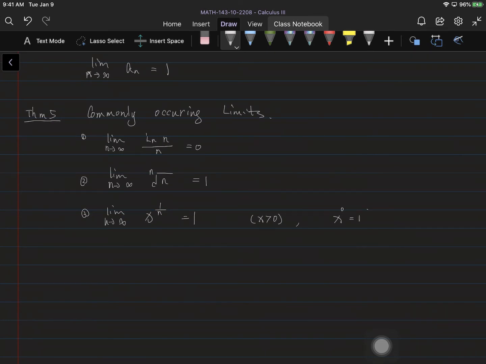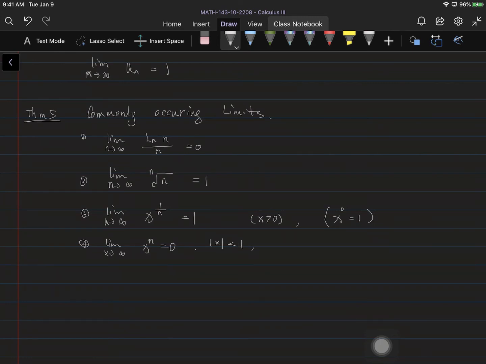X to the power 0 is 1, right? Number 4, the limit as n goes to infinity of x to the n equals 0. That is for the absolute value of x less than 1.